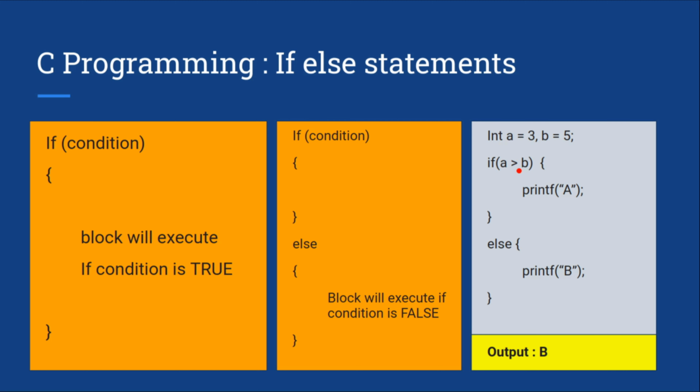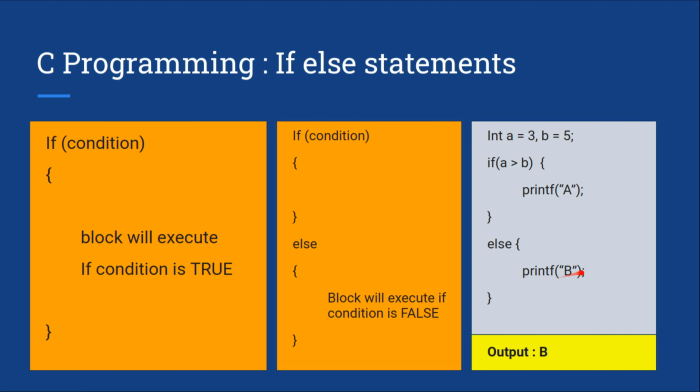If a is greater than b, is 3 greater than 5? No, so the condition will be false. If the condition is false, the compiler will move to the else. So this part will be executed, and this is the else block. From this brace to this brace we have the else block, and only this block will be executed.